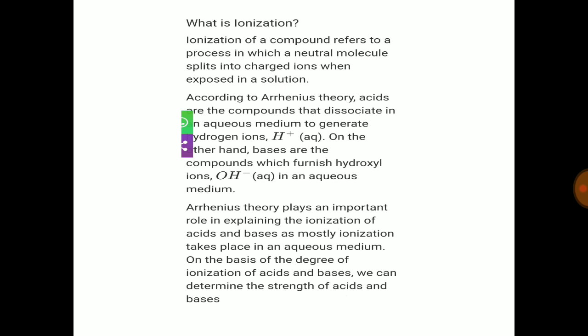Arrhenius. According to Arrhenius theory, acids are the compounds that dissociate in aqueous medium to generate hydrogen ions. That is, acids are the substances that dissociate to produce hydrogen ions, and the bases are the compounds which produce hydroxyl ions in aqueous medium.